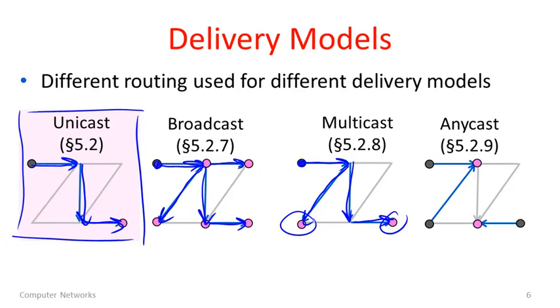And a final other model is really a pretty interesting one if you would like to look something up. That's something called Anycast. The model here is that when you send to an Anycast address, the network will deliver it to the nearest member of a group. So you can see here, if we send from somewhere over here in the network, we might send a packet to this particular pink node here.